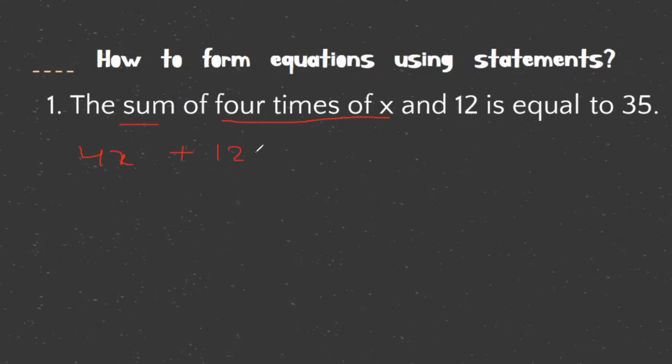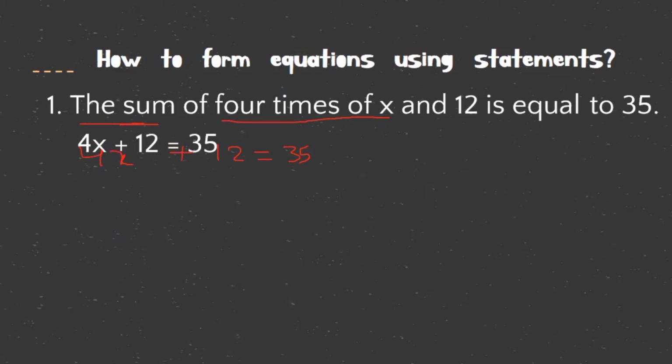So 4x plus 12, is means the equal sign, 35. So this is the equation: 4x plus 12 is equal to 35. This equation is made by following the given statement. Got it?